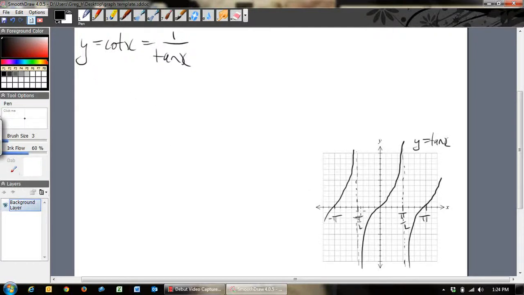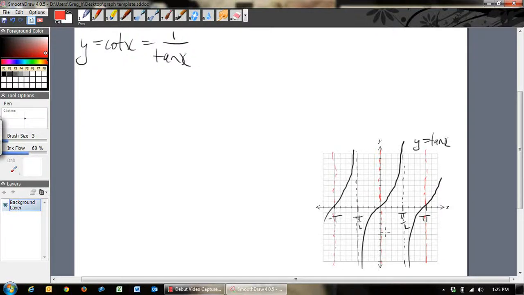And that has asymptotes at pi on 2 plus k pi. Now what will happen if you divide everything? Wherever this crosses the x-axis, for cot x you're going to have asymptotes. So this is for cot x in red.